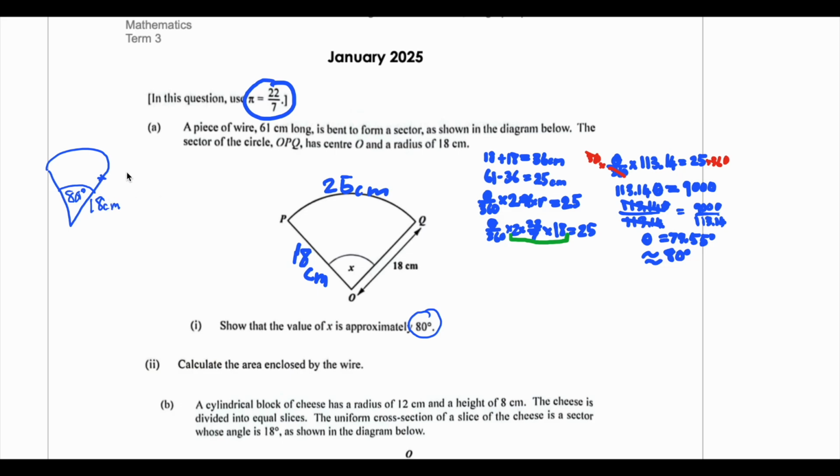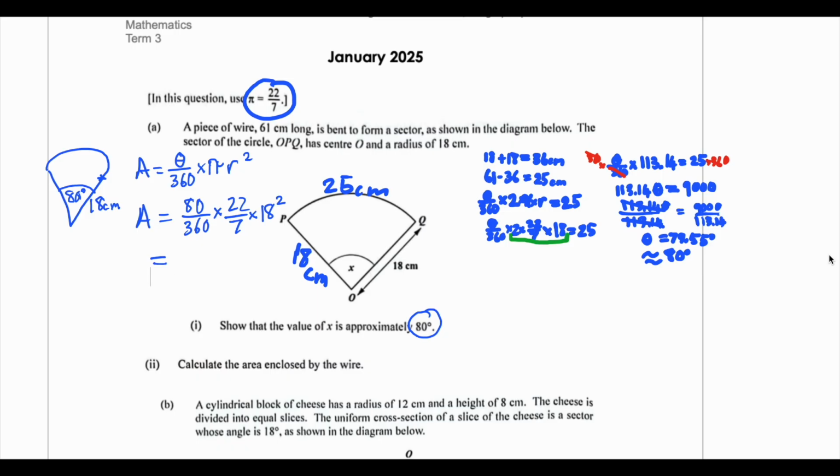I know that the area of a sector is going to be the angle over 360 multiplied by pi r squared.